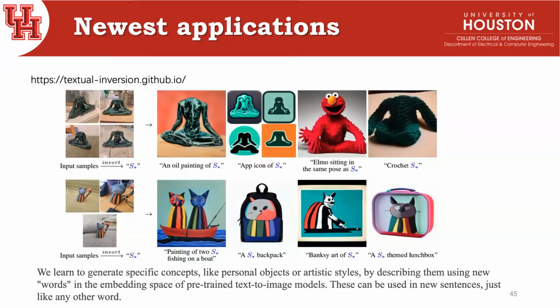So it can generate specific concepts like personal objects and artistic styles, and try to describe them using new words in the pre-trained text to imaging models.